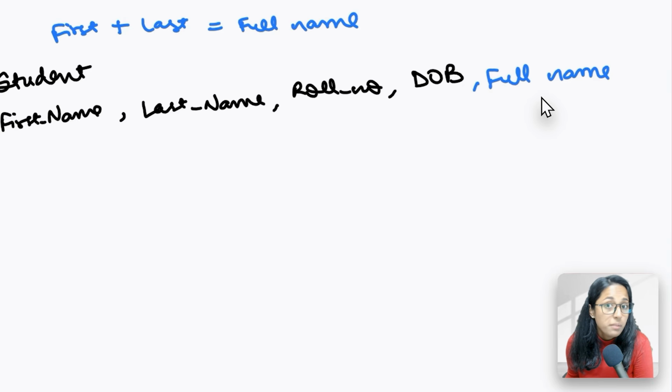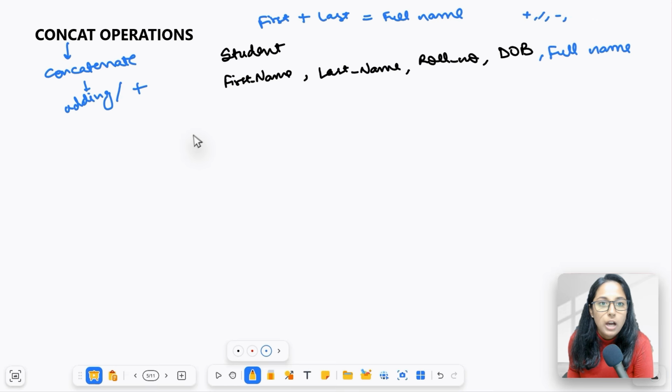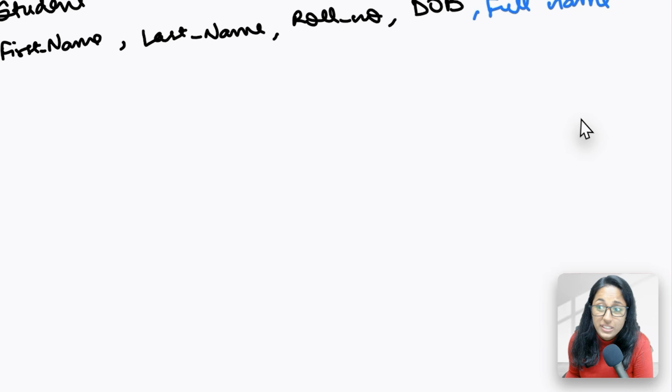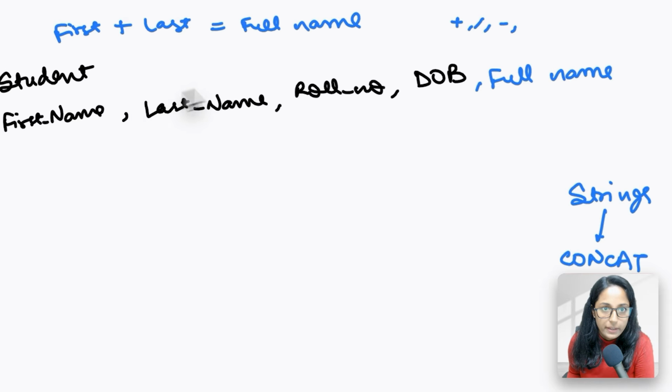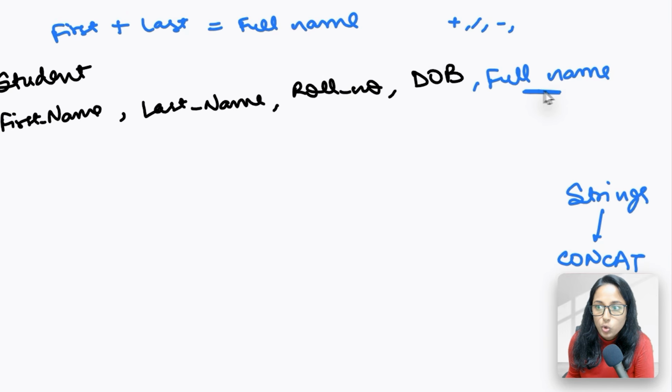In mathematics, it was straightforward to use plus, minus, add, subtract, multiplication, all of those functions. But how are we going to play around with strings? So here the concat function comes into the picture. Now, if we need to create a new column like this, let's write a query for it.